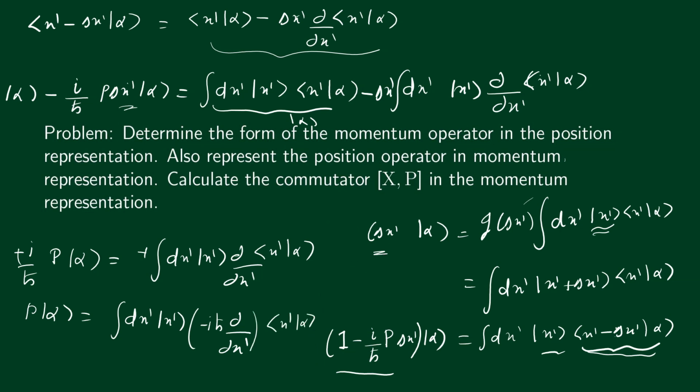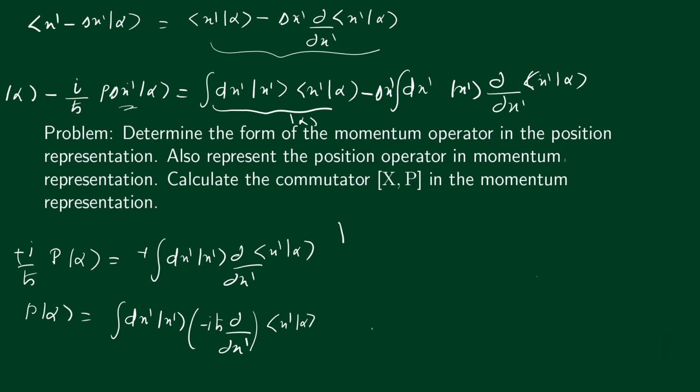Now we see that when we are talking about p acting on ket alpha, the expansion coefficients are given by minus i h bar partial derivative with respect to x prime of bra x prime ket alpha, and we are representing vectors by these expansion coefficients. We saw that ket alpha is represented by the expansion coefficients in the position basis, bra x prime ket alpha.